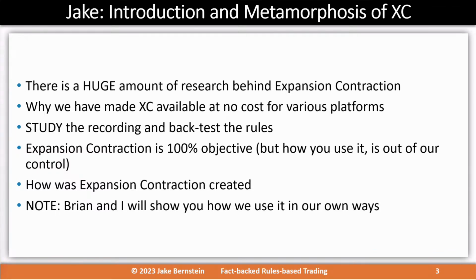So as you can see on here, I am commenting on a huge amount of research that went behind the behavior of price action, which has become known now as expansion contraction. It has been back tested and forward traded with 100% objective rules. Obviously, how it's used by individuals is beyond our control, so I can't make a guarantee.